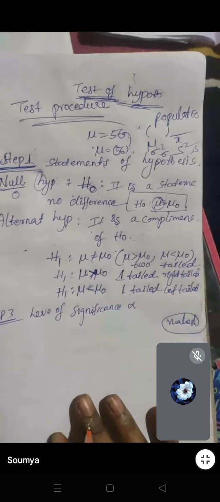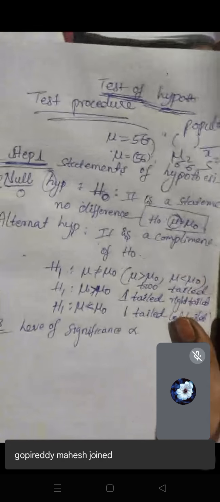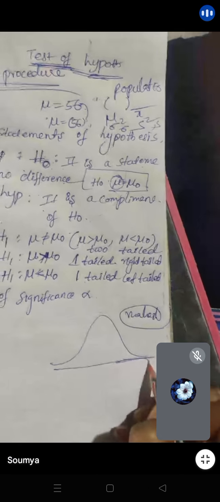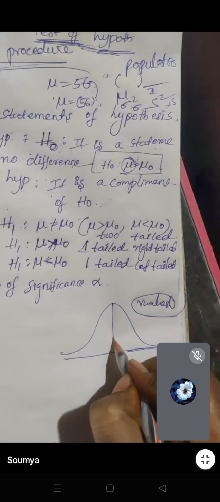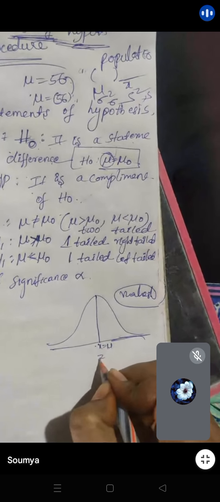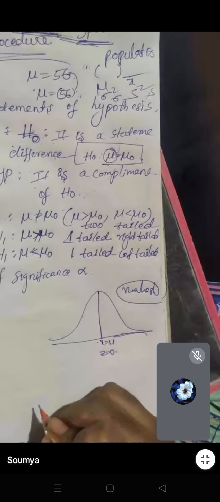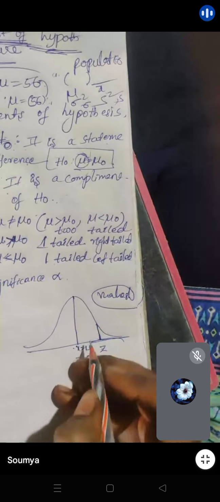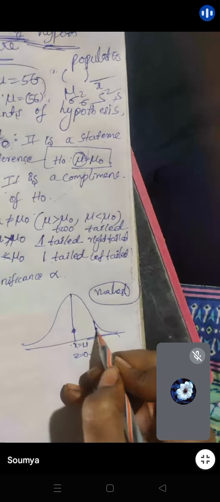That is alpha. What is meant by alpha? We all know what a normal curve is. So this is x equals mu, and this is also z equals 0. Always we calculate for z values. Always we consider from this line to this line.